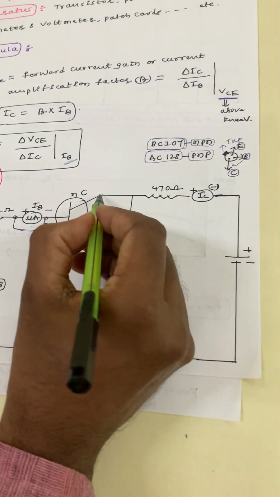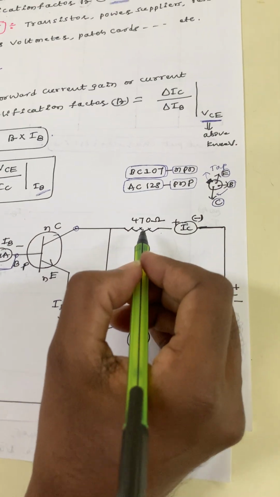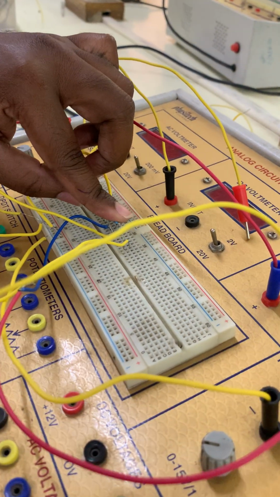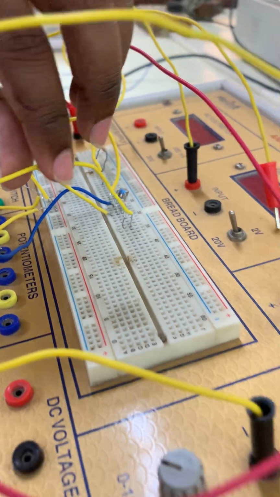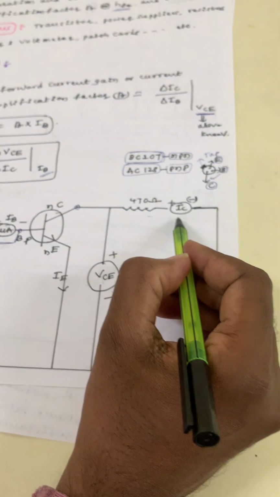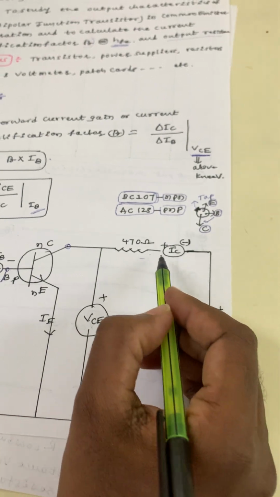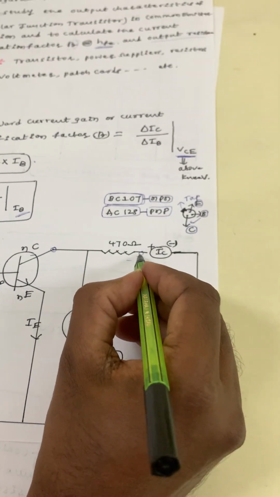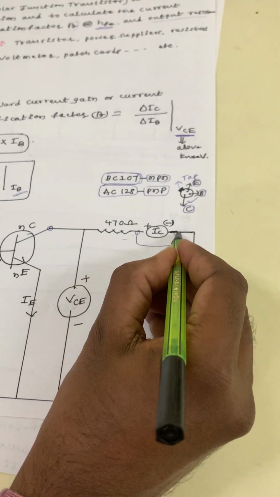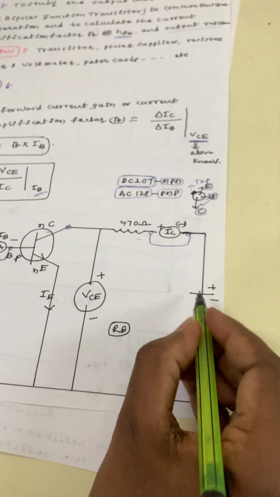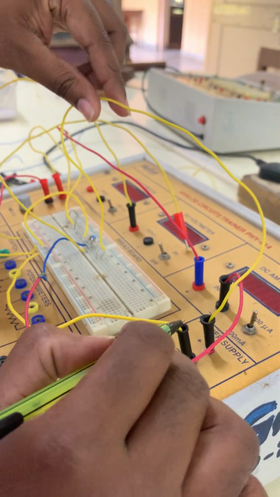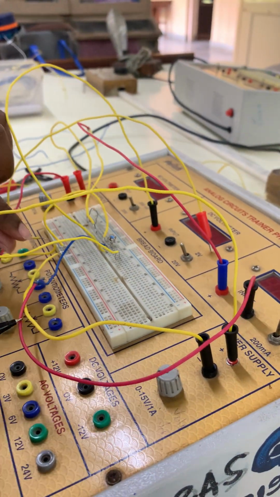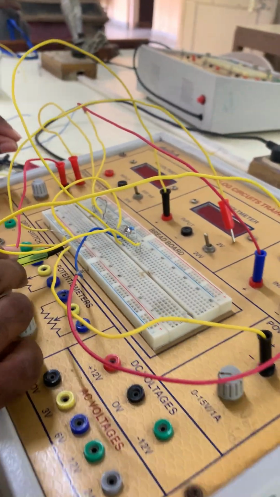Now the collector terminal you have to connect directly to the 470 ohms, and then this IC, after some time I will take it. First you have to make the direct connection of the 470 ohms to this power supply, the VCC power supply, and the other end of this power supply I connect to the ground.